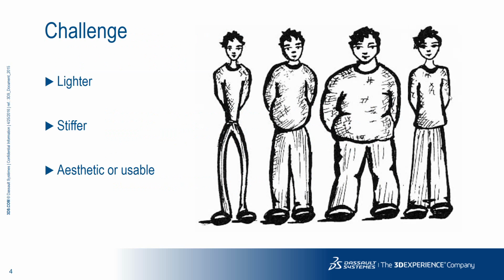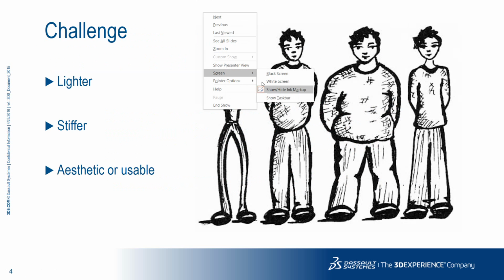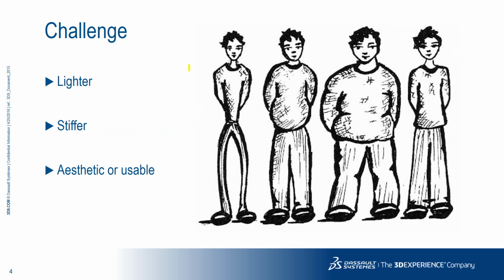A few more specifics now. The challenge, of course, is that we all want to achieve lighter products, but we need to have it right for the application or intent. We definitely want it to be light, but in the meanwhile it should also be stiff.